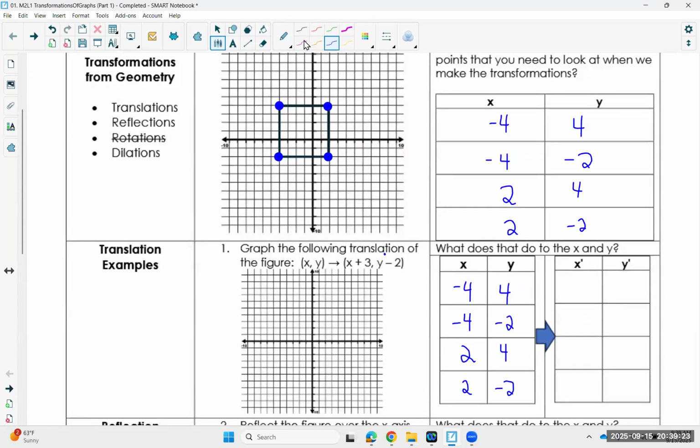So this first one is just asking you, hey, could you complete the translation in which you move x by 3 and move y by 2? And we have to remember something special about translations. We write them like this, but they're technically in parentheses, and so this will actually occur in the opposite direction.